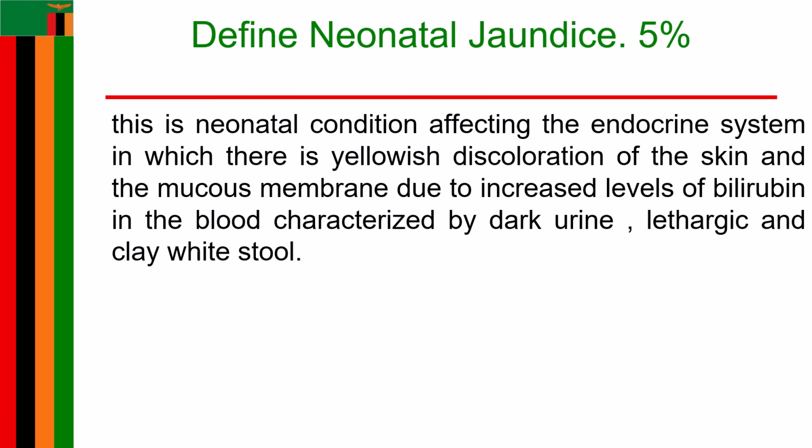And what we'll end up seeing is that the feces won't have stercobilinogen, meaning that it will look clear white. The normal color of stool is a bit greenish yellowish in texture, and then we know the liver is working well. But in jaundice, we don't see that. So basically, this is how we can define jaundice.